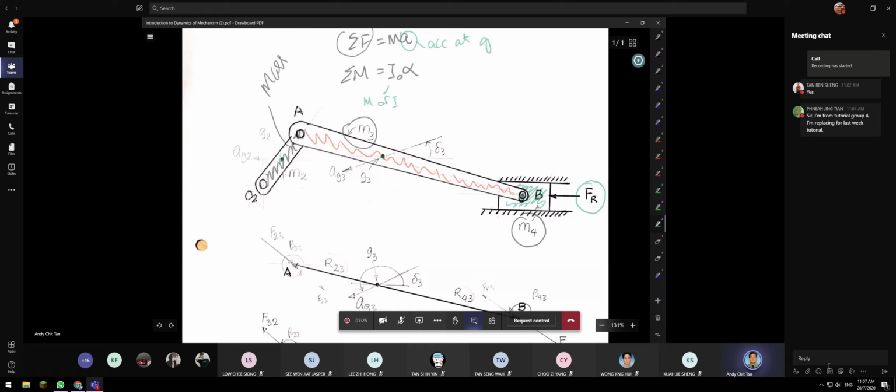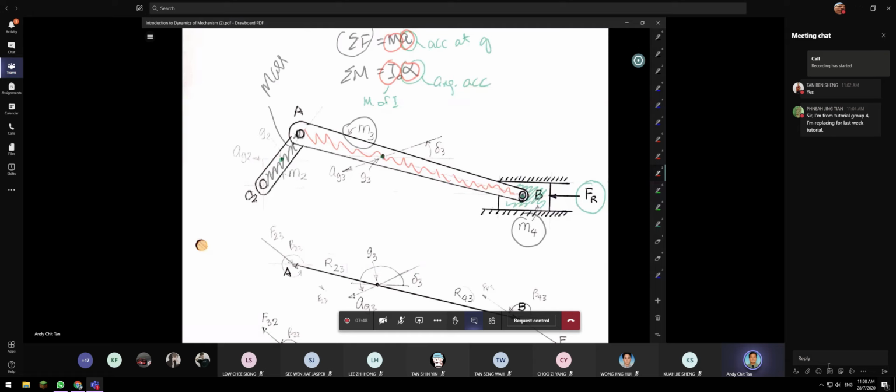All right, you already know. And again, this is angular acceleration. Okay, so now you can see, in order to be able to work out the force, you need to know acceleration A, you need to know angular acceleration, you need to know m, and you need to know I.